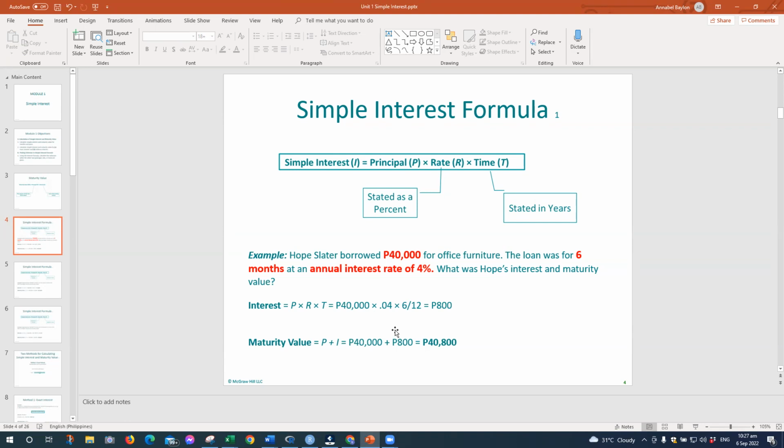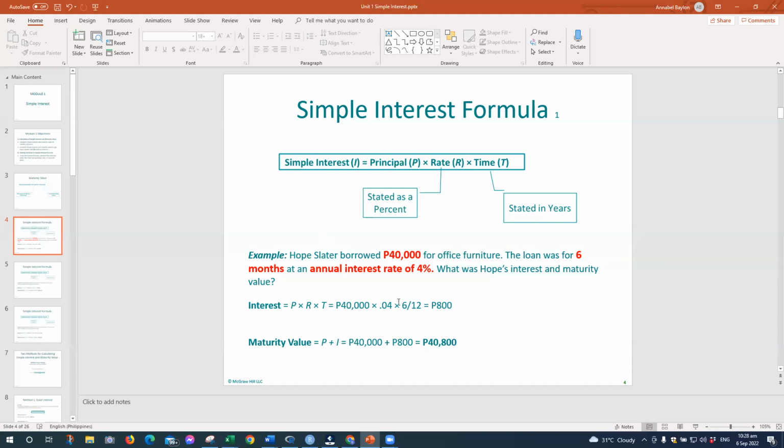Because unless otherwise stated, for example, weekly rate of 1%, then that means that's a weekly rate. Semi-annual rate of 10%. Okay, if there's no specification at all whatsoever, if it's not described whether it's weekly or daily or monthly or semi-annually, then it is always annual rate, a yearly rate.